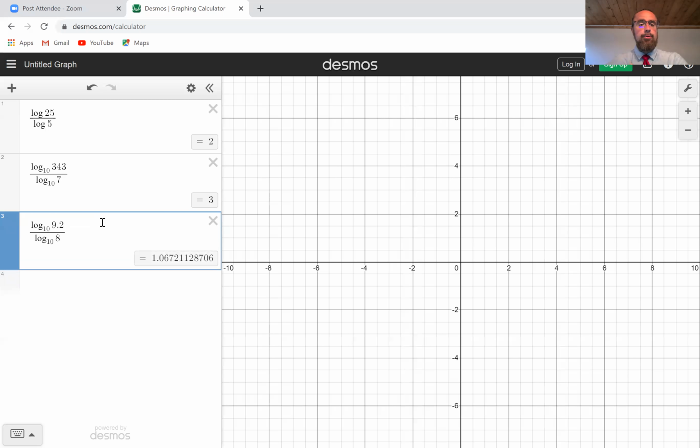And as we predicted, it's really close to 1. It's definitely an irrational number. If we're rounding to the nearest thousandth, we want to take it out to 3 places to the right of the decimal. So 1.06, and we'll stay with 7 because the next value is less than 5. 1.067.